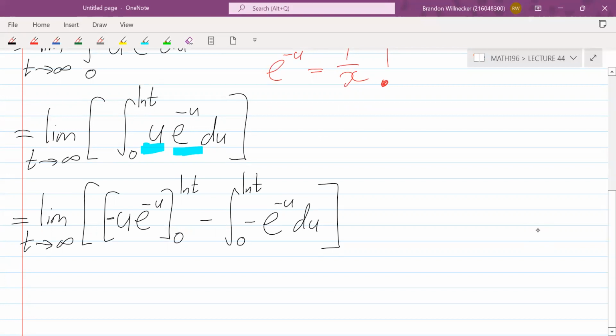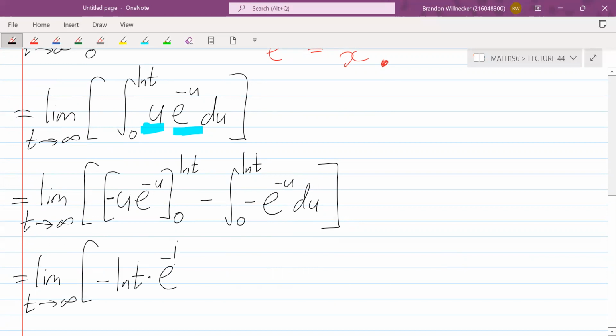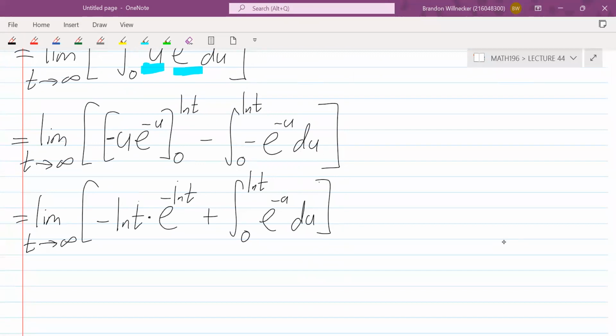So let's substitute, do that last integral, and then finally we can take the limit. So this is going to be the limit as t goes to infinity of, if we substitute the natural log of t, we're going to get minus the natural log of t times e to the minus natural log of t. And then we have plus the integral from 0 to the natural log of t of e to the minus u du. So a bit more work to do.